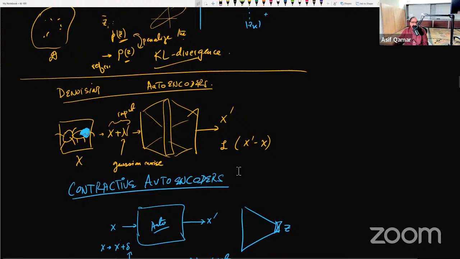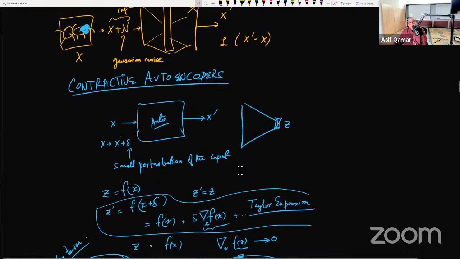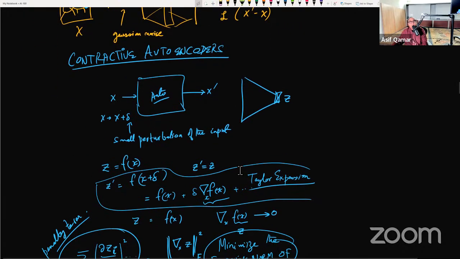Then what happens is the machine is forced to learn the clean data manifold from which data is taken. It is forced to learn the actual data distribution. Very, very interesting that you can do that.